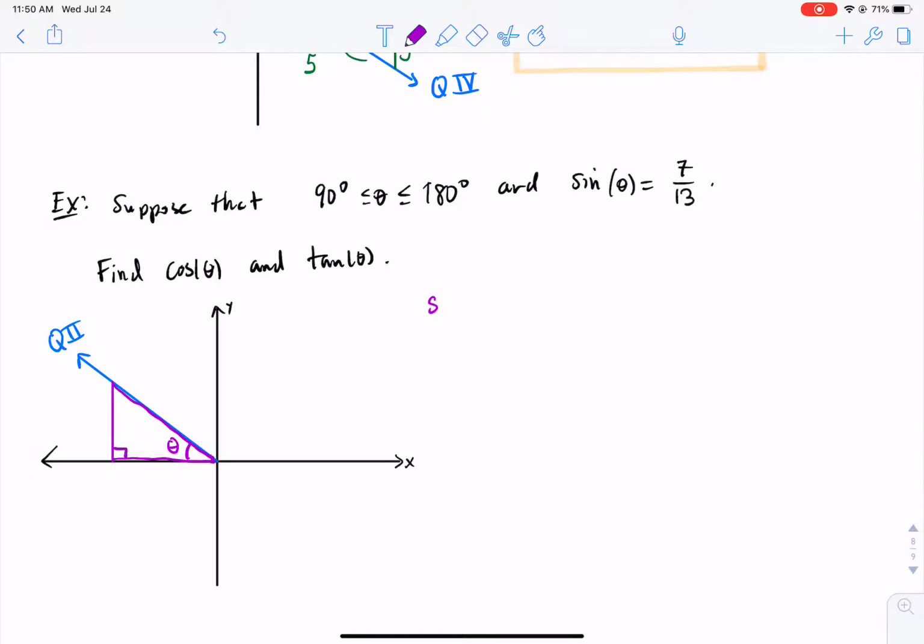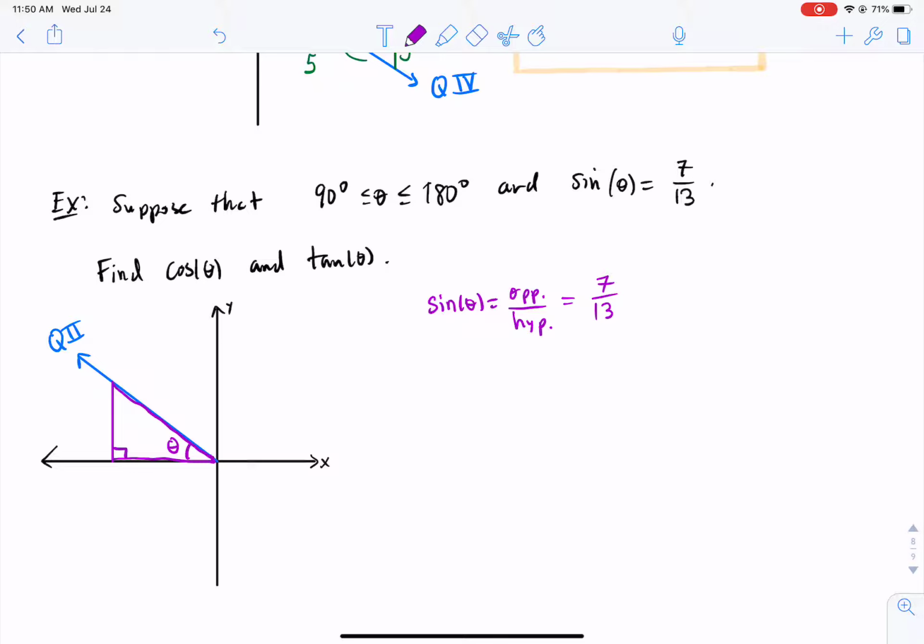Sine theta, what they gave you here, is opposite over hypotenuse. Let me just copy this, and there you go. Sine theta is opposite over hypotenuse. They gave us that this is equal to 7 over 13.